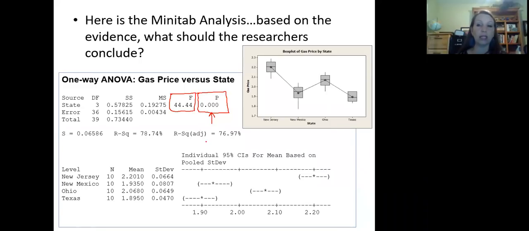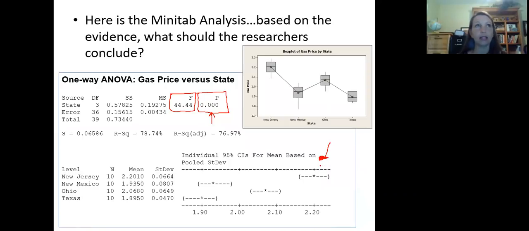Well, which mean or means are different? Here are box plots that give us a nice visual. If we looked at those first, we would probably think there are definitely going to be some differences. We can also use our interval plot. This one was done in Minitab 14, so it's the ghetto version.